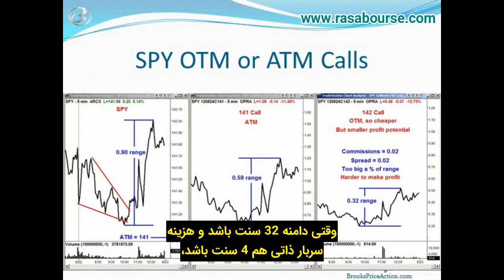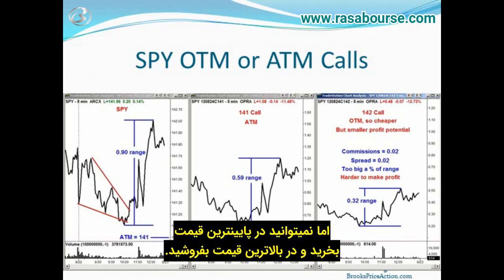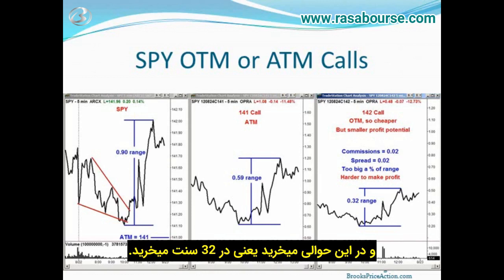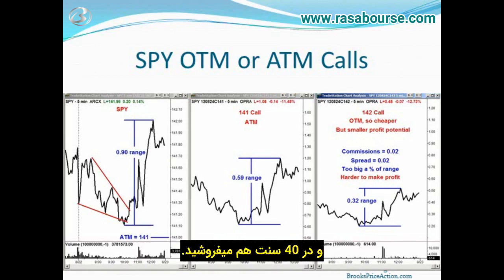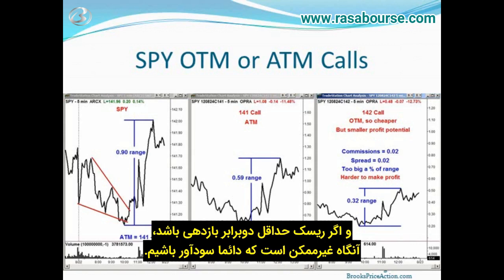And when your range is 32 cents and you have 4 cents built-in overhead, it's very hard to make much of a profit, because you're not going to be buying the low tick, you're not going to be selling the high tick. You'll be buying somewhere in here, 30 cents, and you'll be selling here, 40 cents, and then you have 4 cents overhead. So you're making 6 cents profit on a win, and you're losing 14 cents on a loss. And it's impossible to make a living when your losses are 2 times or more greater than your wins.